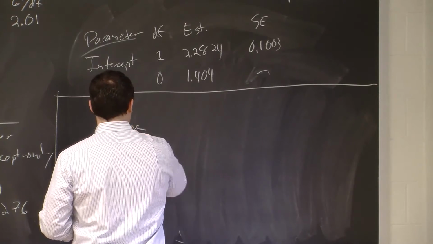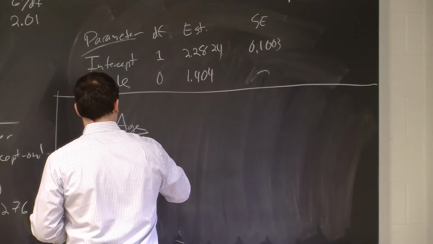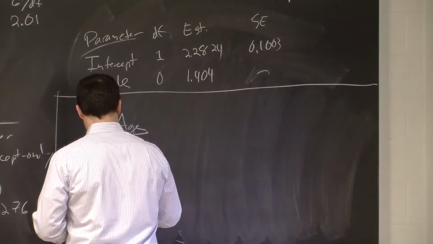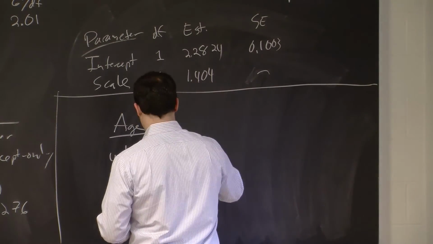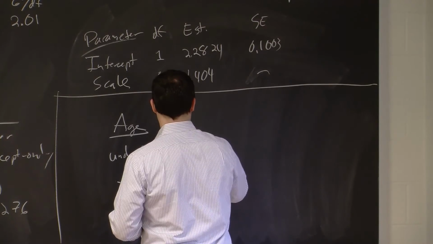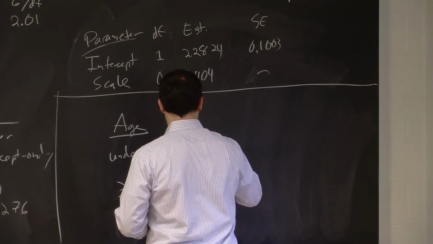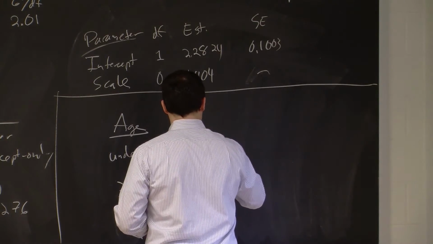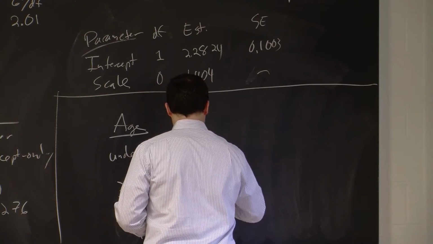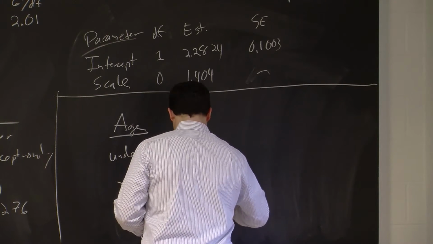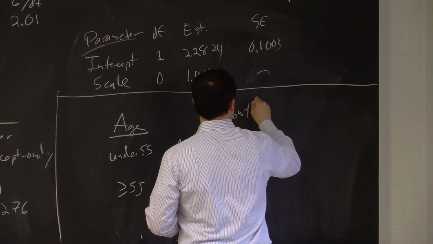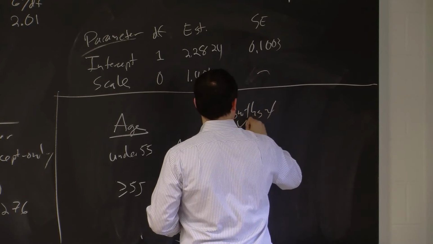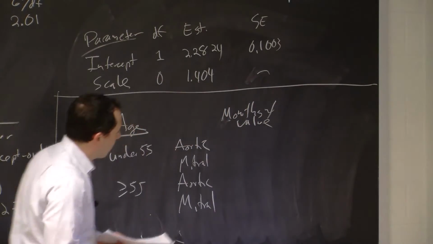So we have an age. They're either under 55 or over 55. And they have either aortic or mitral valves. We have a months with the valve, so that's our exposure parameter.